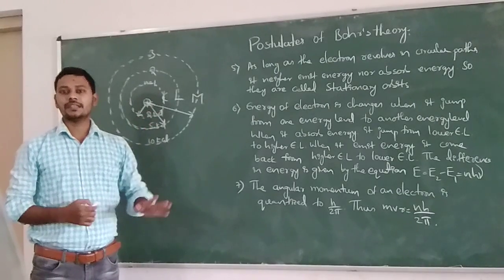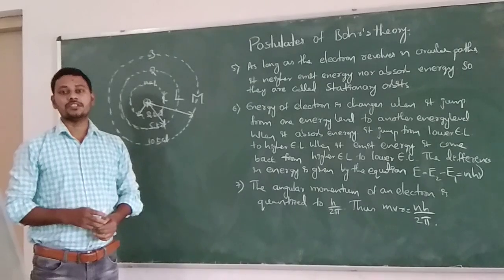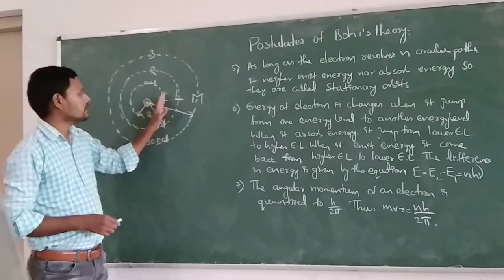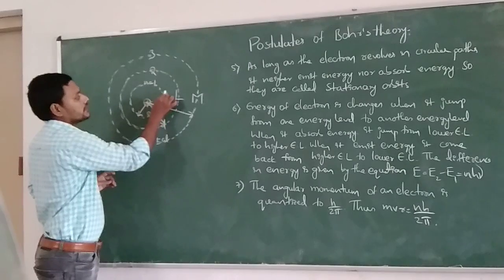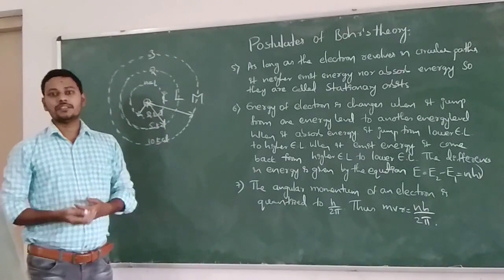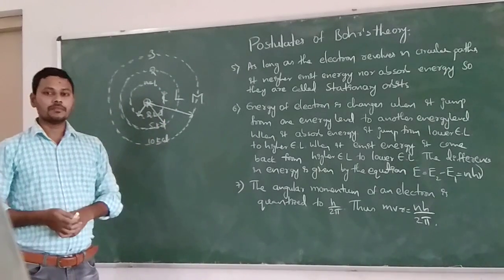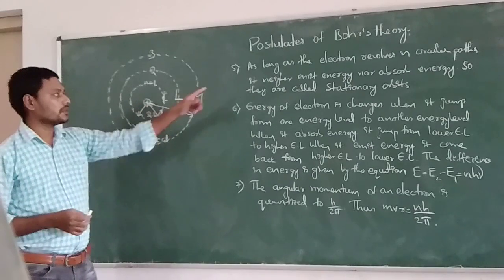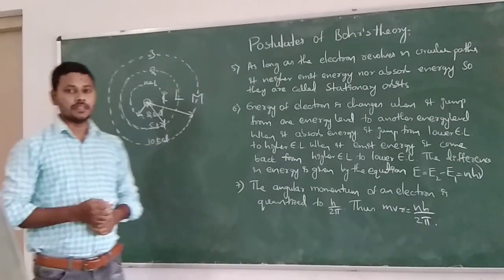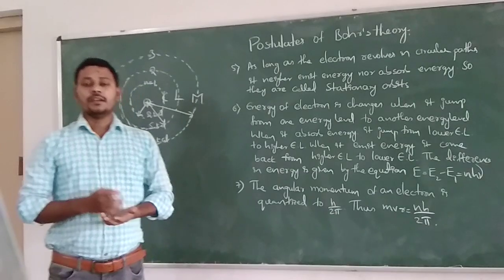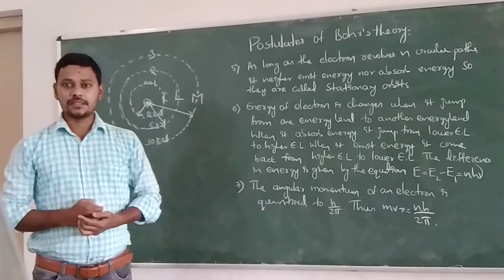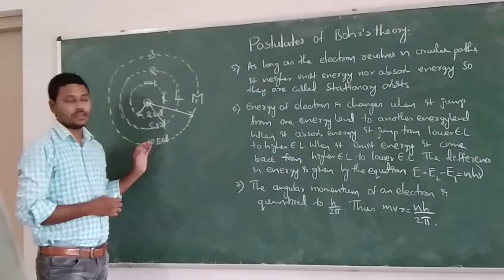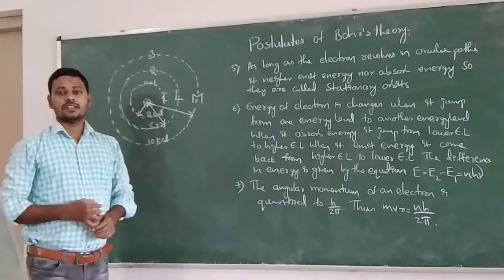It cannot lose energy, it cannot gain energy as long as it rotates in this circular path. If it moved some other way, maybe there would be a change in energy, but it cannot move like that. The energy of the electron is constant. That's why they are called stationary orbits. As long as the electron revolves around the nucleus in these circular paths, it neither emits nor absorbs energy.